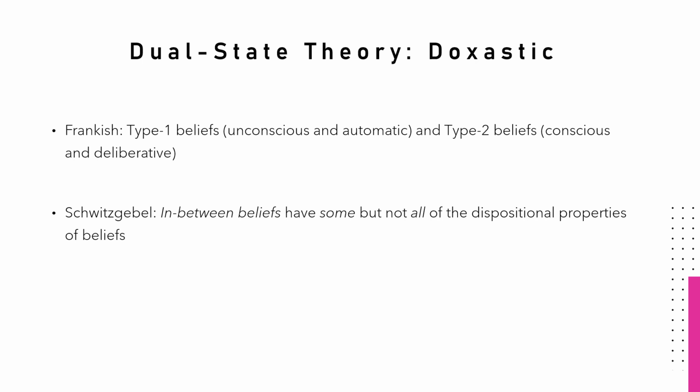And maybe that's what we have here, when we have this conflict between things we're explicitly committed to in the type 2 sense, that we're conscious and aware of, but those are in conflict with beliefs that we have in the type 1 sense, which, remember, can be unconscious and just guide our behavior without us necessarily being aware of it. And it might explain conflicts of this kind that occur between our attitudes and social judgments.